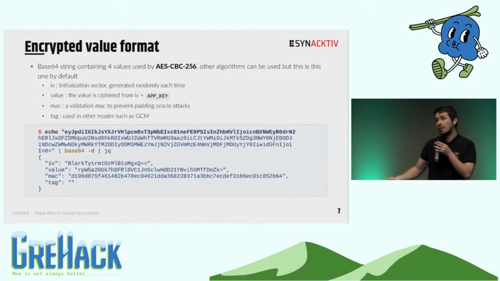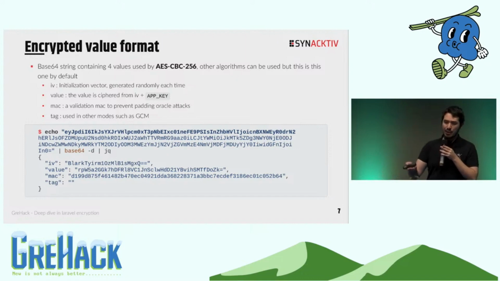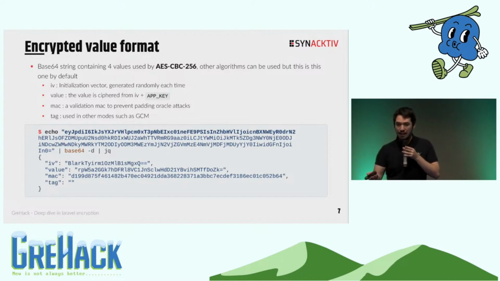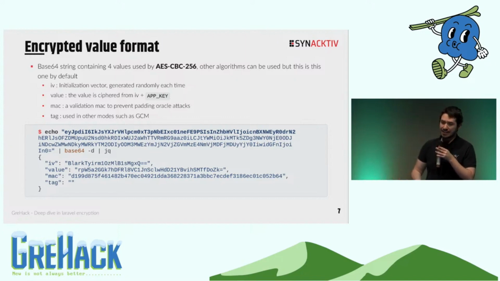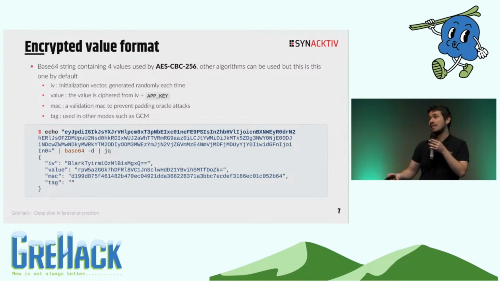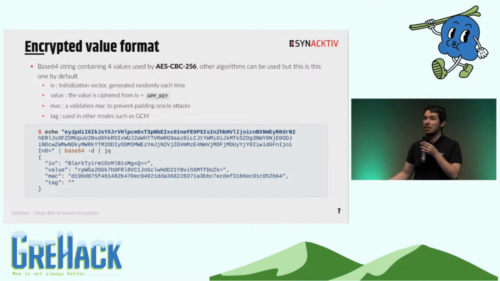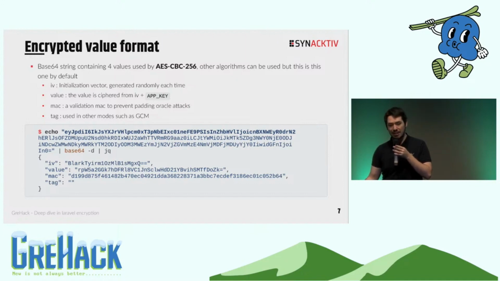So now that you know what these functions are, that's how it's actually made. You've got this following base64 data. It's in fact a JSON object. And as you can see there, it's based on AES-CBC-256. It's by default, so we'll only see what is made by default. First, you have the initialization vector, which is generated randomly each time you are asking for encrypted data.